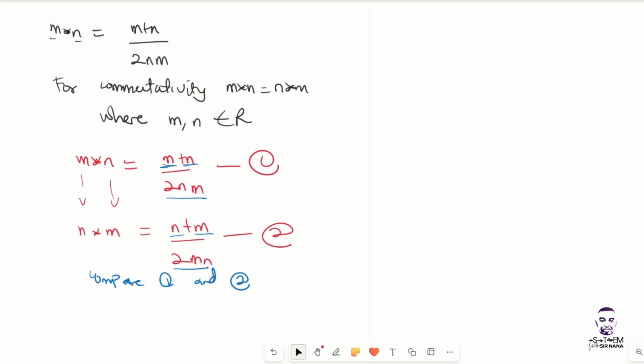Therefore, since equation 1 is equal to equation 2, the operation star is commutative. So we can conclude that this operation is indeed commutative. That is the A part of the question.